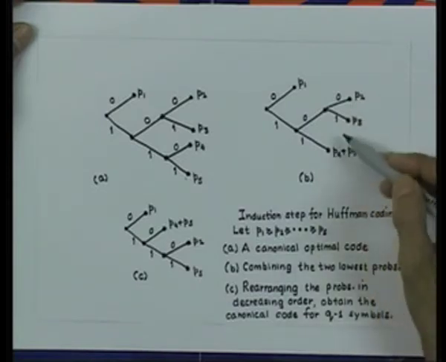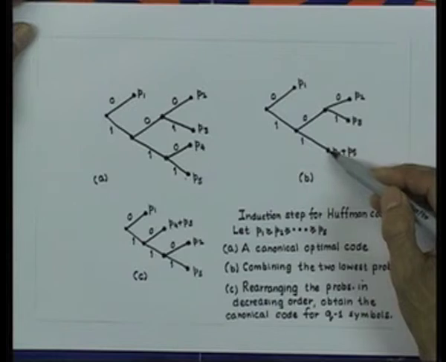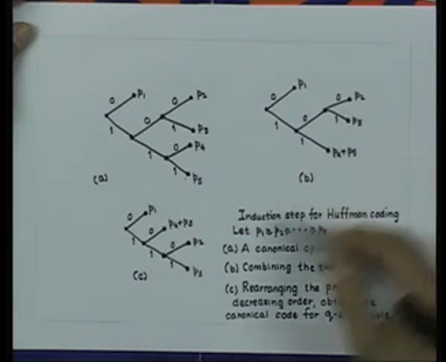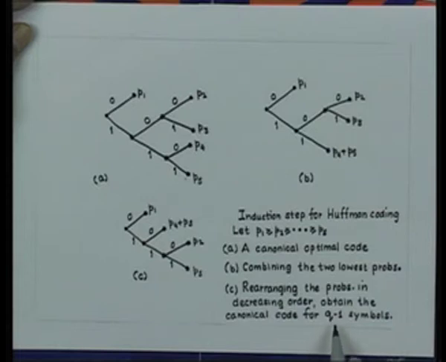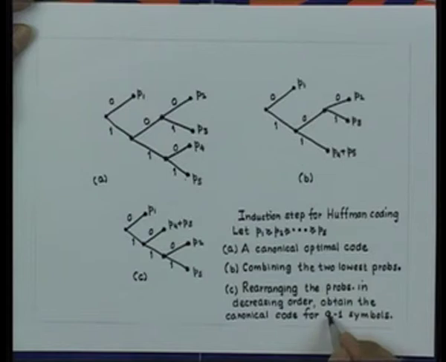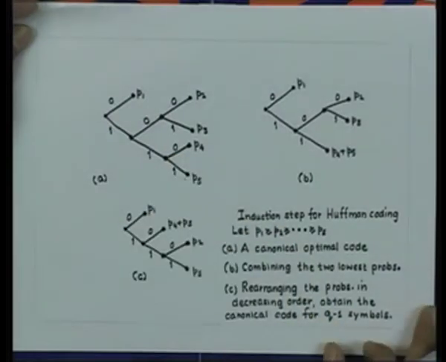So, if I assume this, then when I add it, this probability will be greater than this, and then I can rearrange to obtain the canonical code for, in this case, 4 symbols. So, Q is in this case 5.